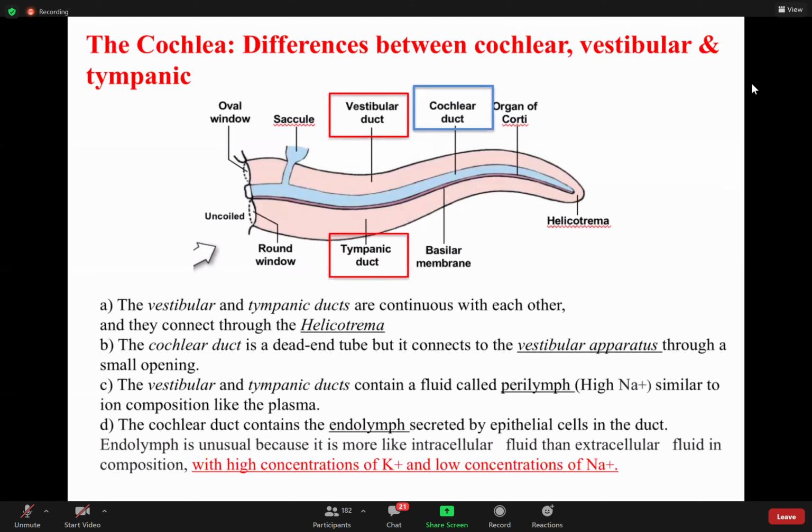The main idea of the auditory system is for you to understand where we have hearing loss, and where we have low or high frequency sounds being perceived. Those are the main important points of today's session.